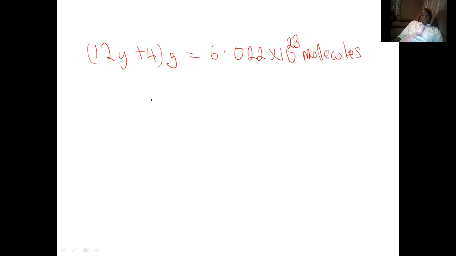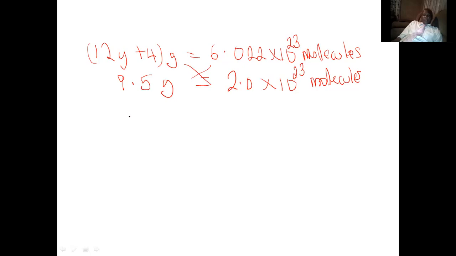Now we are told that the mass is 9.5 grams, which gives us 2.0 times 10 to the power 23 molecules of this compound. And you can merely cross multiply here to find the value of y.